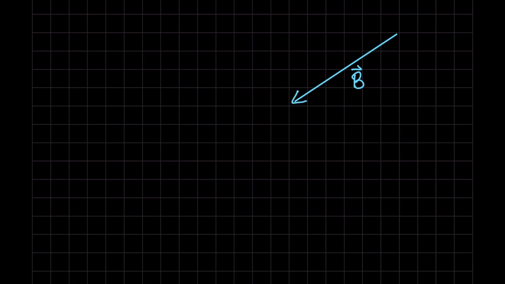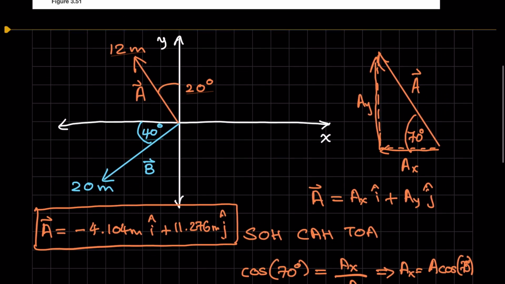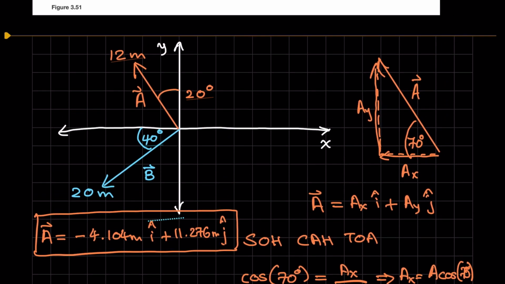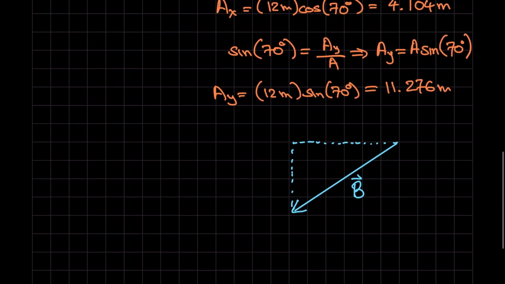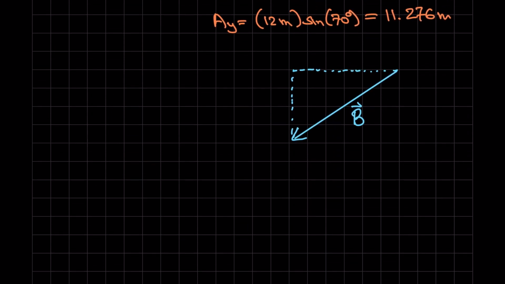You can break up the vector into its components. When I'm breaking up vectors into components, notice I'm following x and y, the coordinate system. The lines that I'm drawing are not random. It's not any two lines that connect to B. The idea is that when you're breaking up A or B, you are breaking them down in the same direction as the coordinates that you have.